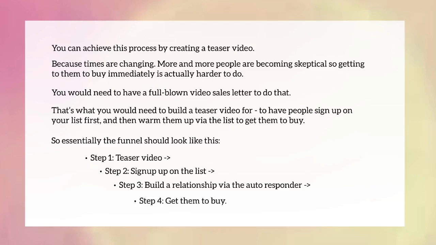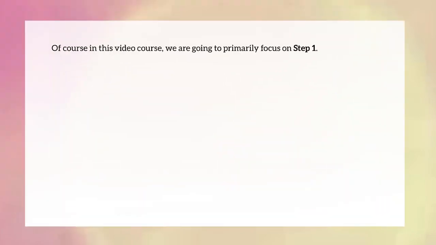So after you've built that relationship, they're more likely to buy at that given moment. So of course, in this video course, we are going to primarily focus on step number 1, which is creating that particular teaser video. Getting them on your email list, all that requires you to do is to get an email autoresponder service.